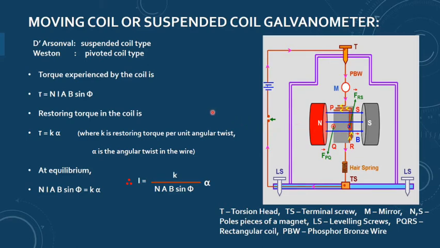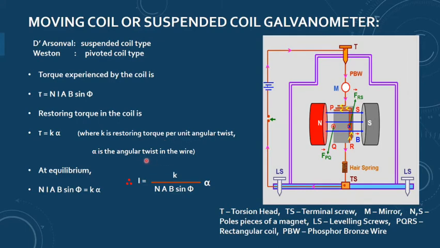For the torque, the formula I derived is NIAB sin phi in magnitude. Because of this torque, a restoring torque is produced, given by K alpha, where K is the restoring torque per unit angular twist and alpha is the angular twist.